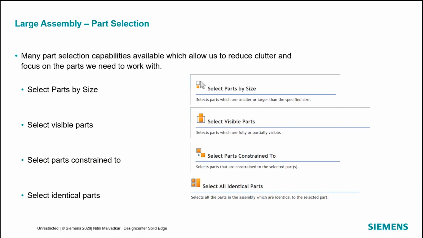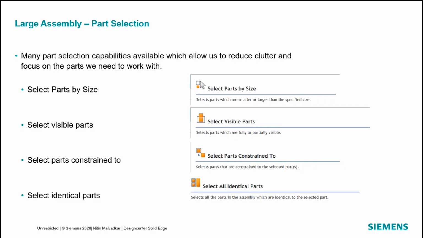So you'll see that Solid Edge has quite a few unique part selection tools which help us to focus only on what matters to you as a designer within the assembly. So with these tools, what we can do is we can quickly select small parts based on size. We also have the option of selecting only the visible parts. Now, this is very useful in creating the new zones or the display configurations that we just now saw.